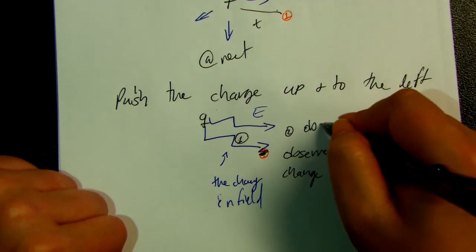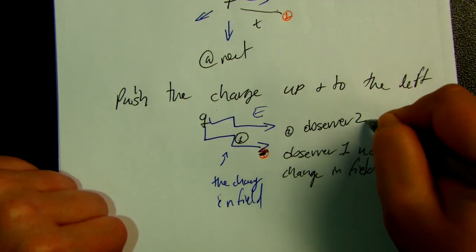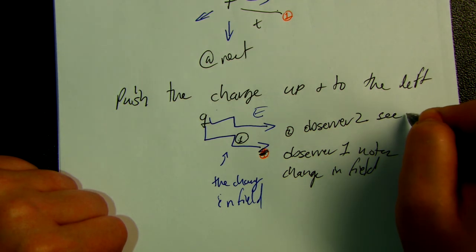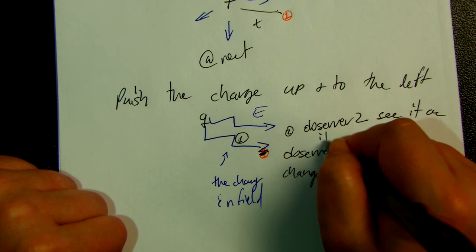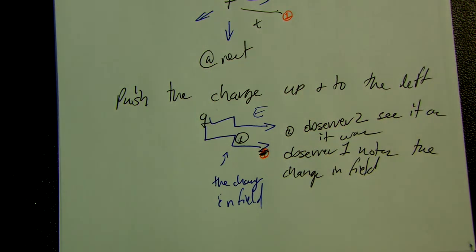And observer 2 sees it as it was. So if the pulse has not traveled to you yet, you don't get to see it.